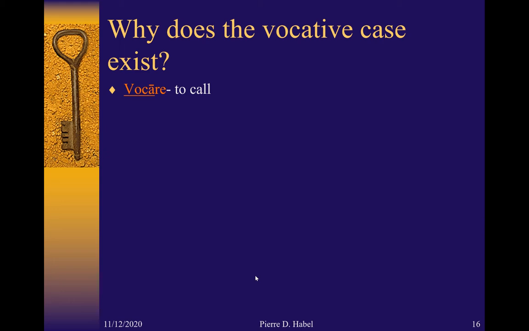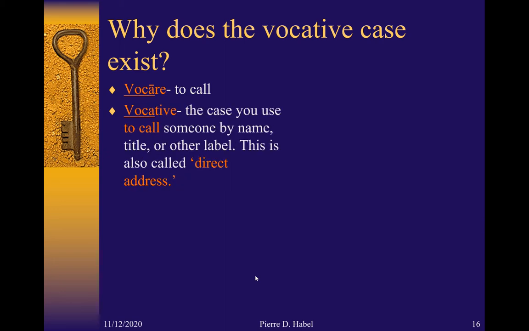Its name is a sign of why it exists. Vocare means to call. And the vocative case is the case you use to call someone by name, by title, or by some other label.